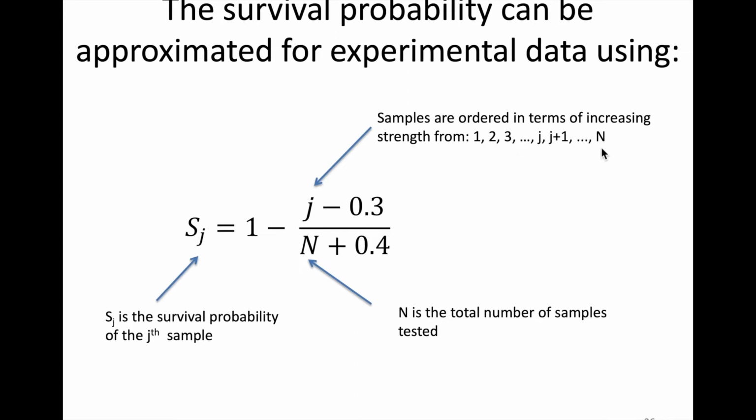We're basically counting up. We can calculate the survival probability of a given sample, the jth sample, by using this equation. So we need to know which sample it is and the total number, and then we can plug it in to this equation.